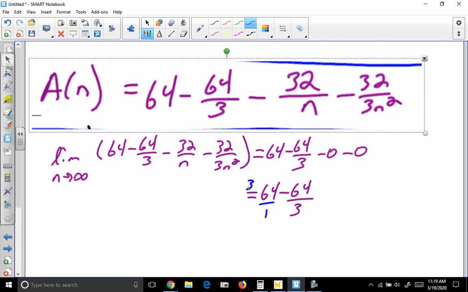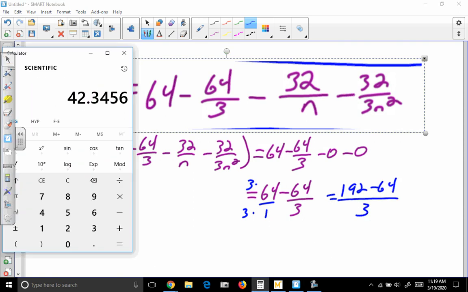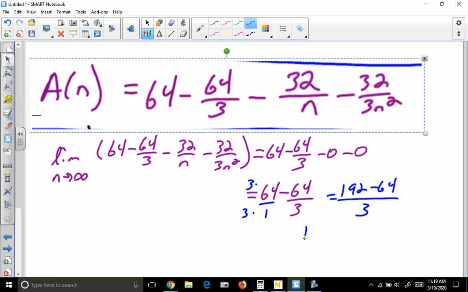So let's multiply top and bottom by 3. So 192 minus 64 over 3, because 3 times 64 was 192. If we subtract 64, we get 128 over 3.